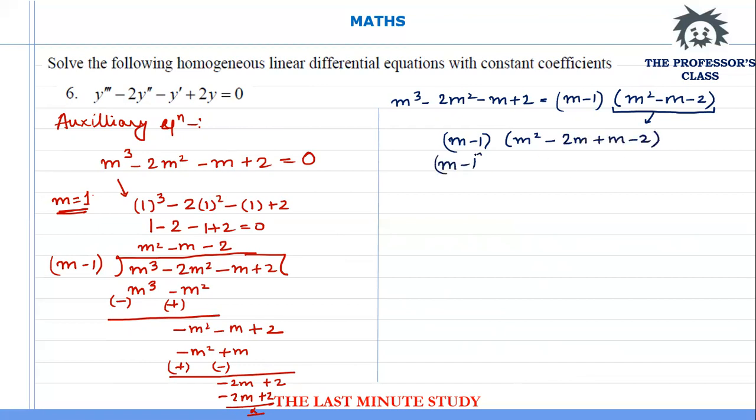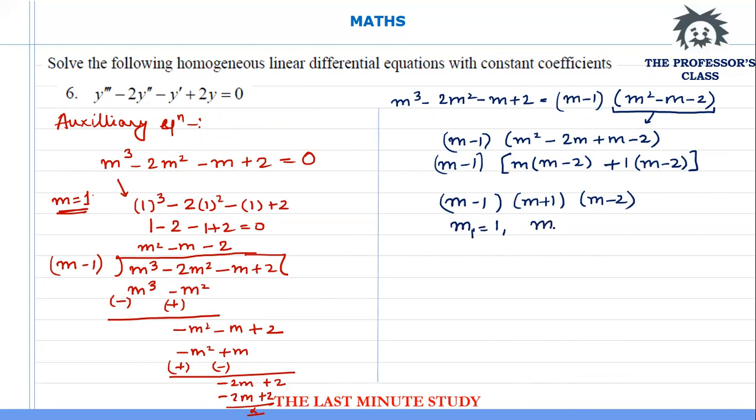If I take m common out of the first two terms, I'm left with m minus 2, and plus 1 common from the second two terms, I'm left with m minus 2. So from here I can find the roots, which are m minus 1, m plus 1 and m minus 2. So the values of m that I'll be getting are m1 equal to 1, m2 equal to minus 1 and m3 equal to 2.